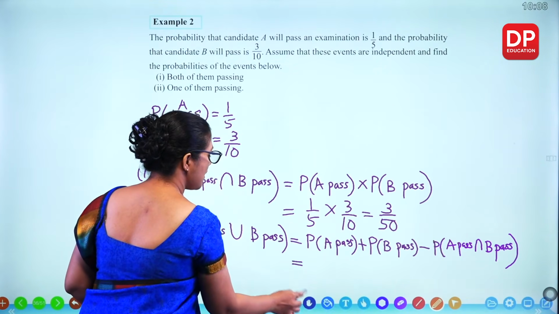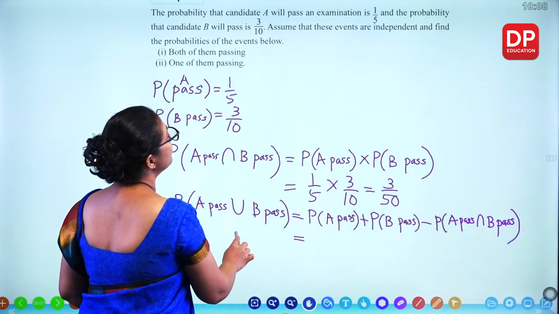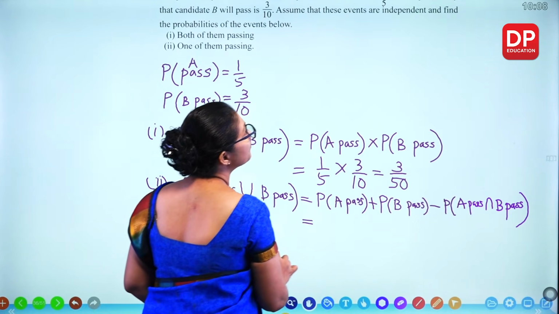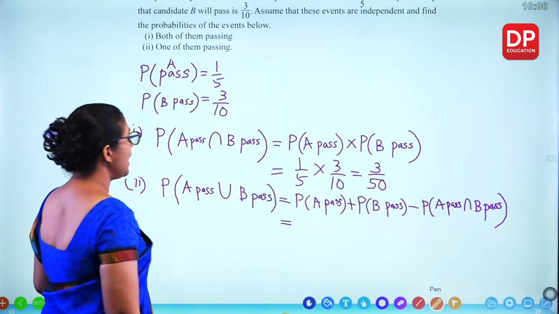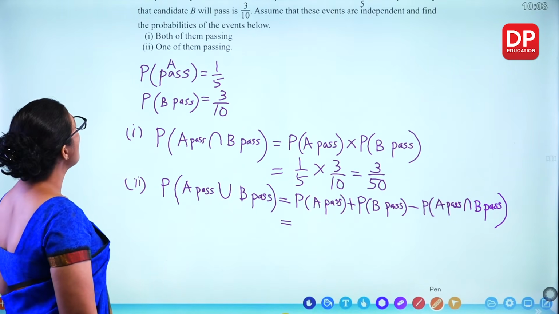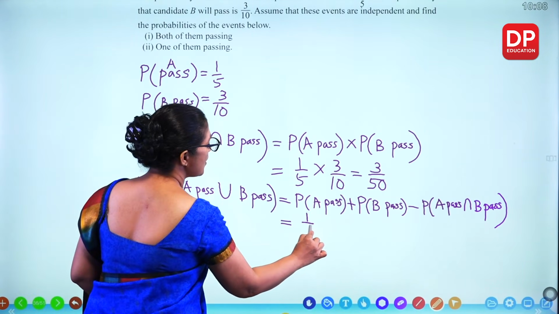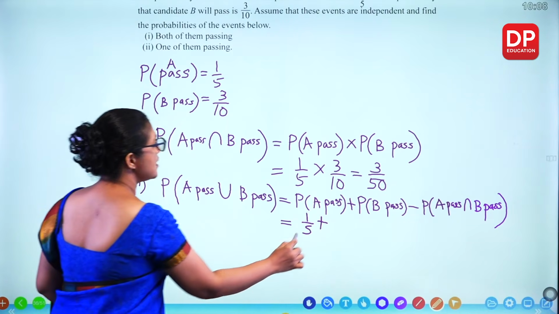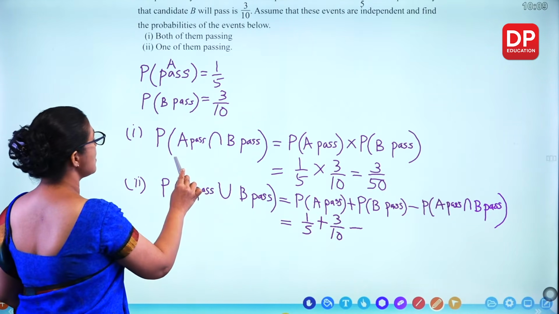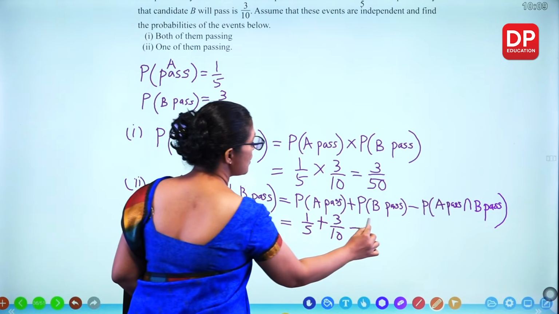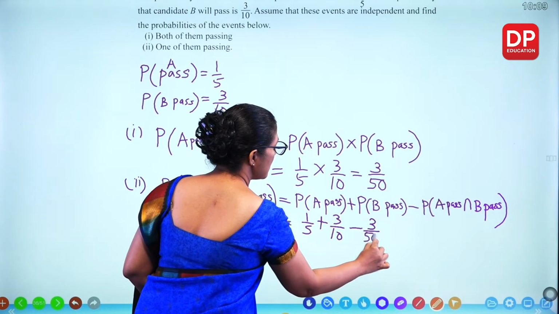Then substitute the values. A passing probability is 1/5, B passing probability is 3/10, and we found the intersection is 3 over 50.